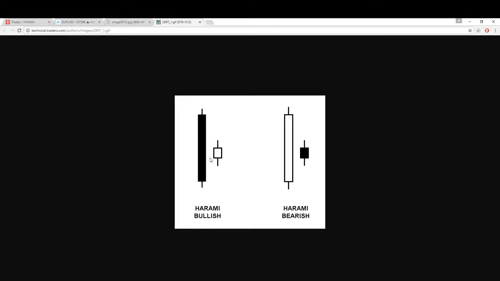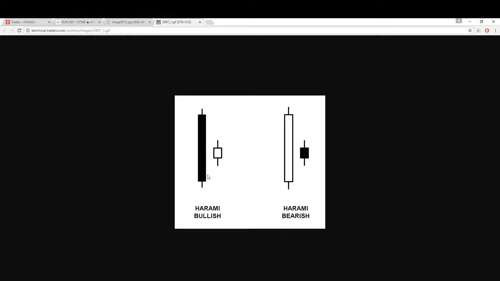But in harami's case, the candlesticks can be of the same color, so it's not important for them to be opposite colors. These two can be the same color, these two can be the same color, so it basically doesn't matter.